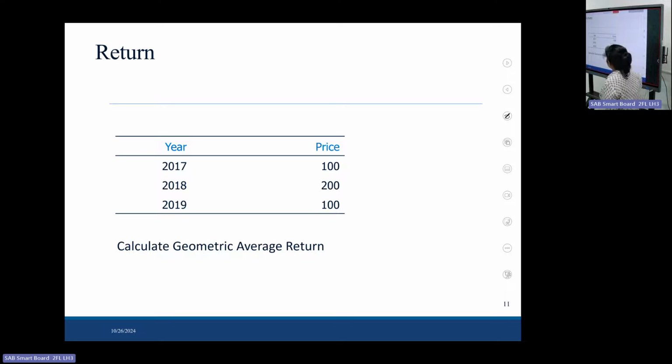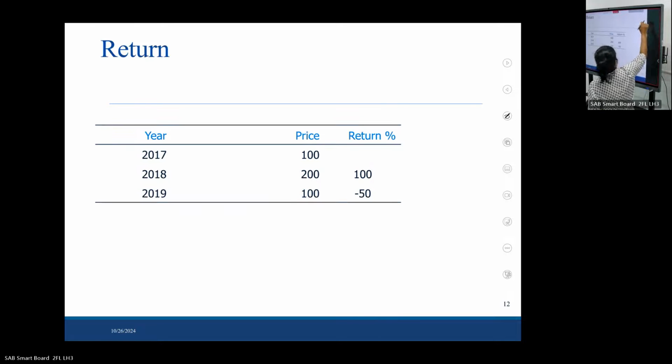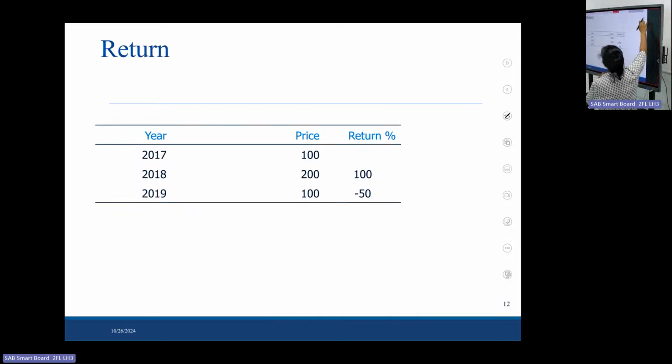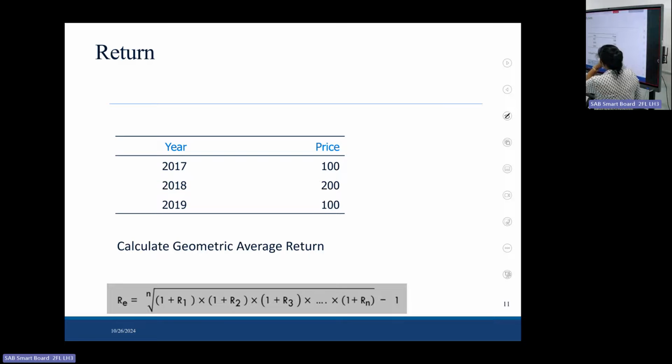Now look at this example. You can see 3 years of information from the report, the past years 17, 18, 19. Holding period is 3 years. Prices are given, and you are asked to calculate the average return, holding period return, and geometric average return using this information.